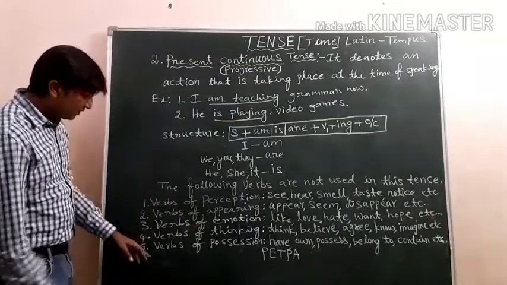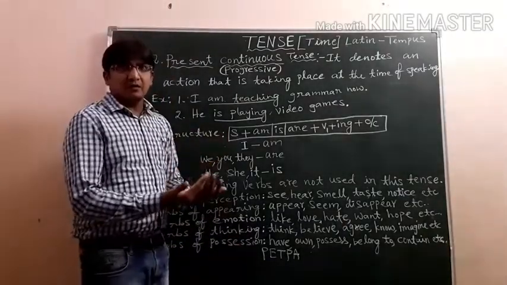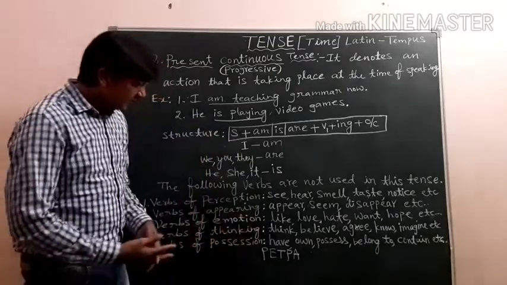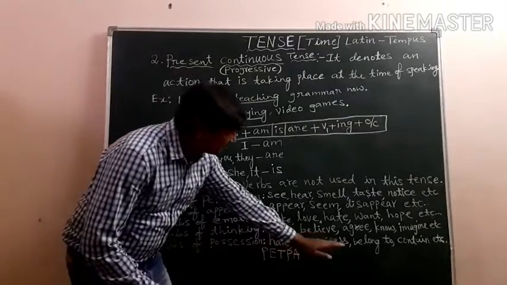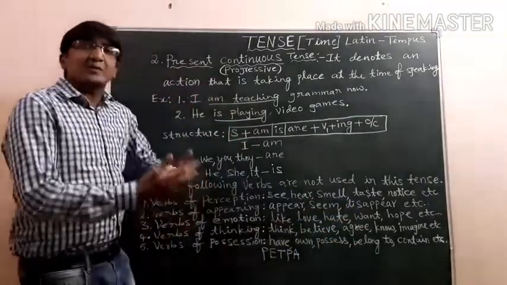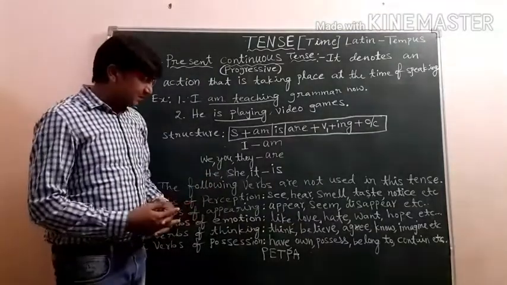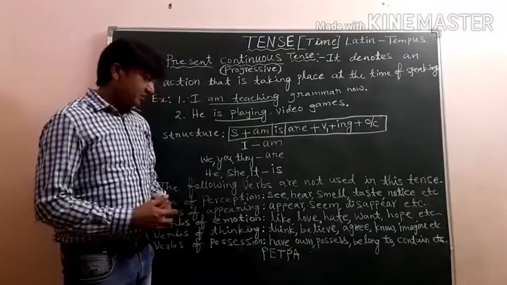And the last one, verbs of possession. Possession means containing or having. Here we have a few verbs: have, own, possess, belong to, contain, consist, comprise. Like that, there are many verbs. These verbs are also not used in progressive tense.